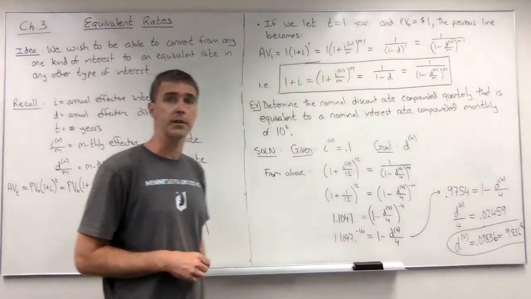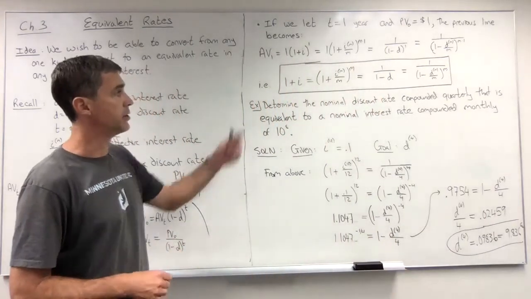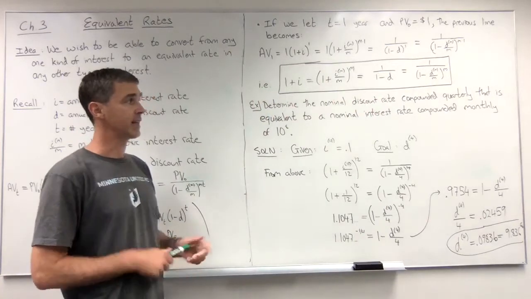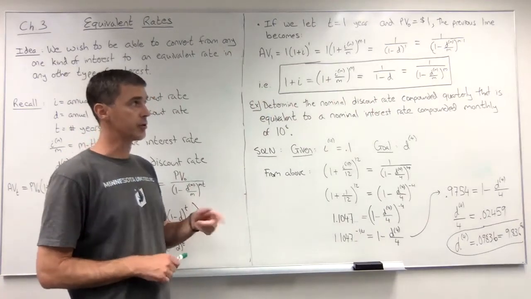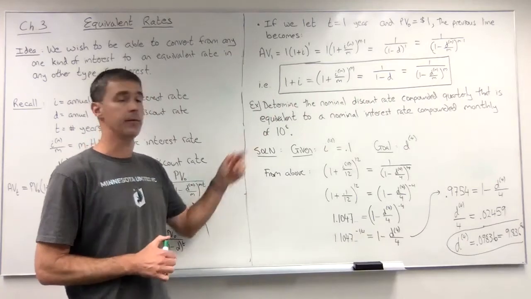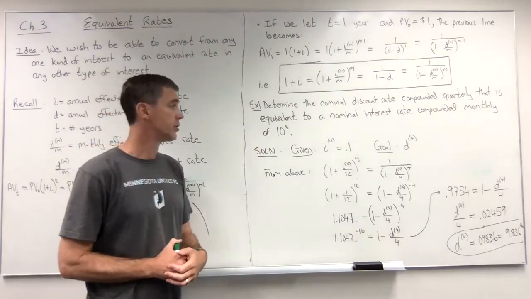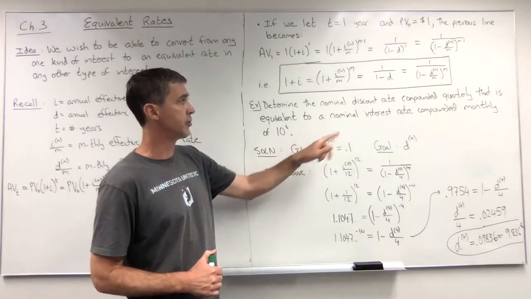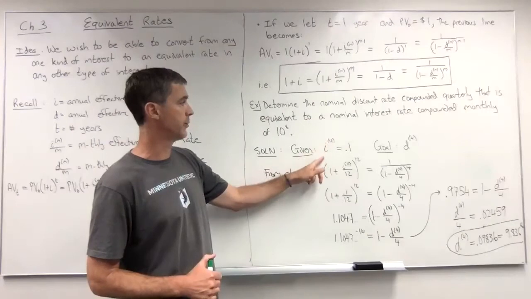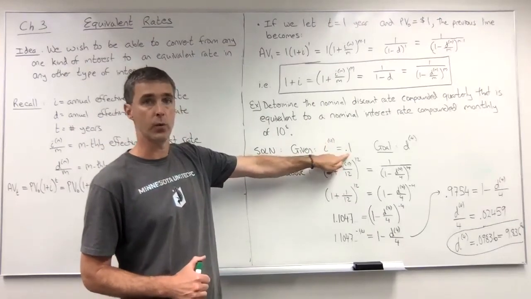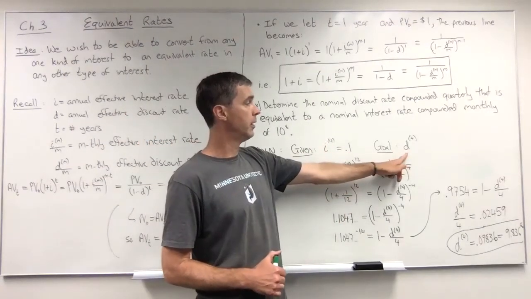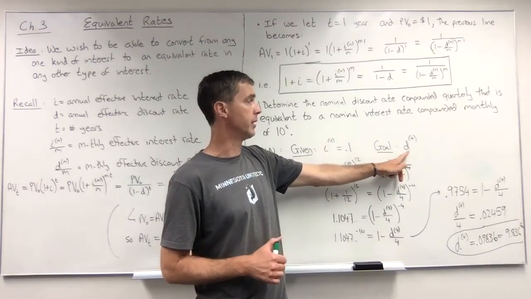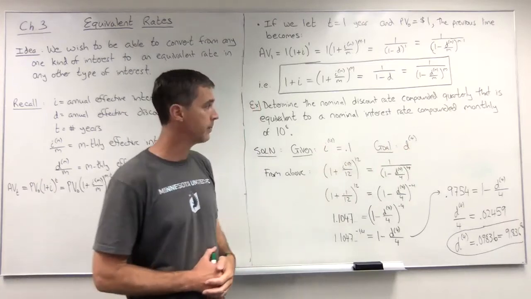So let's do an example. Determine the nominal discount rate compounded quarterly that's equivalent to a nominal interest rate compounded monthly of 10%, all right? So I've been told the nominal interest rate compounded monthly, i superscript 12, is 10%, 0.1, and I'd like to know the nominal discount rate compounded quarterly, so d superscript 4, okay?